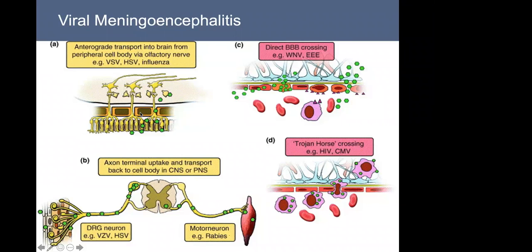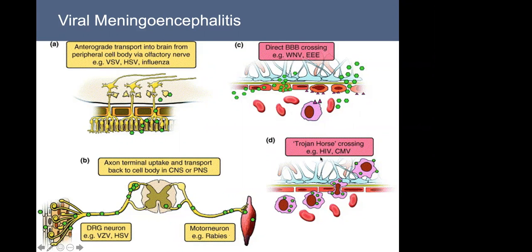The virus can enter the brain through various ways. Herpes simplex virus can be dormant in the olfactory bulb, and from there they can gain entry into the brain. Rabies, as we saw, from the periphery moves to the spinal cord through retrograde transmission along motor axons, and from there they can climb up into the brain.